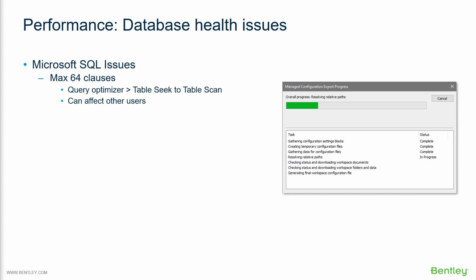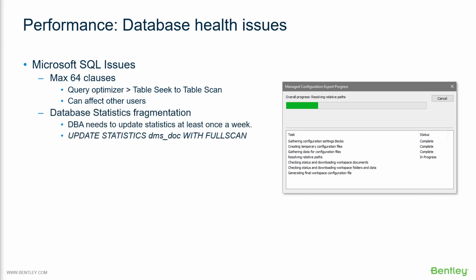It should also be noted that because this affects SQL Server processing, it can affect the general performance of other users. For example, if the query is taking 5-6 minutes to execute, this is causing a drag on the SQL Server, and therefore you may see this affecting other users.